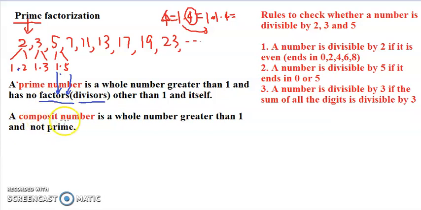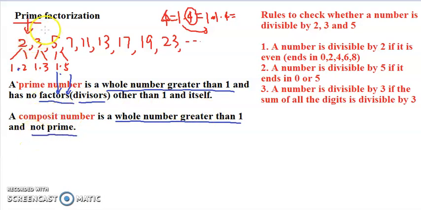And a composite number is also a whole number greater than 1, which is the same as the first condition. So you can see 1 is not a prime number. 1 is not a composite. So we just exclude 1 when we talk about prime and composite numbers. A composite number is not prime.